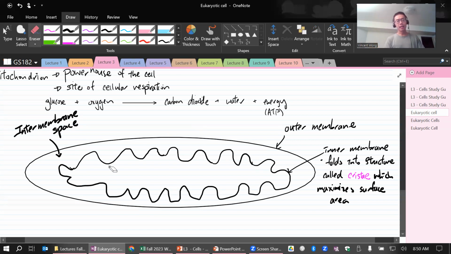Okay. And then on the inside of the mitochondria, the innermost portion, that's called the matrix. In the different parts of the mitochondria, you have different parts of the reaction happening, and ultimately it's going to produce ATP.